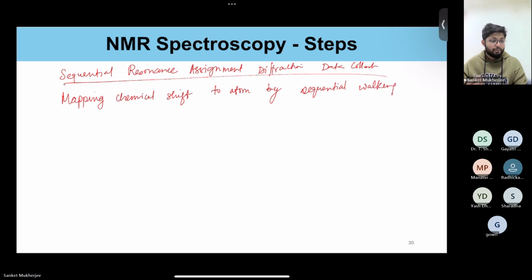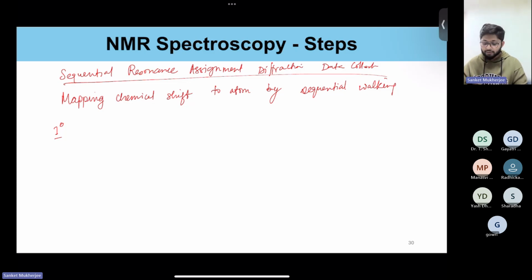With multidimensional NMR spectroscopy, one can develop strategies for the assignment. If the protein sequence is known, the base protein sequence is basically the primary structure. If it is known, it is easy to map the chemical shifts. So you know what the specific residues present are.